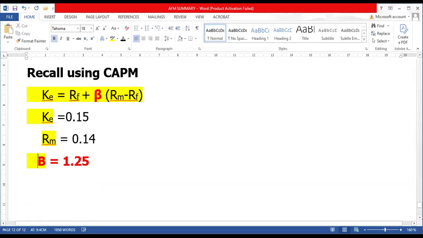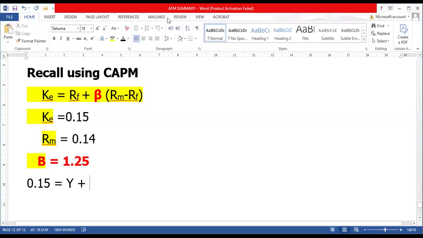Now substitute in the formula. You don't have RF. Where you have KE, it will be 0.15 is equal to RF. RF, I can say Y. I don't want to use X because most of you are tired of that word.